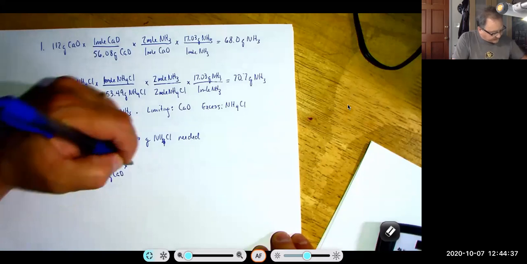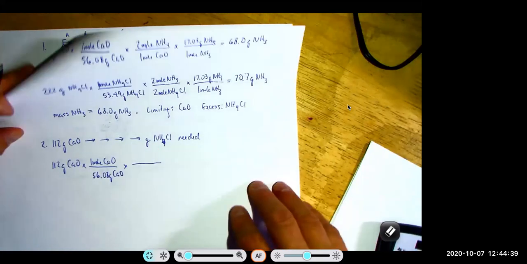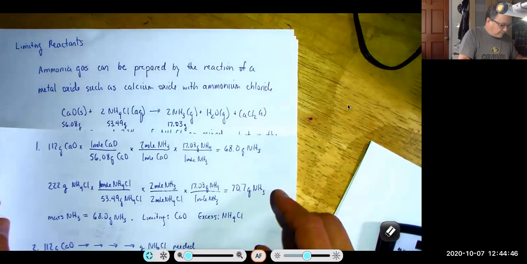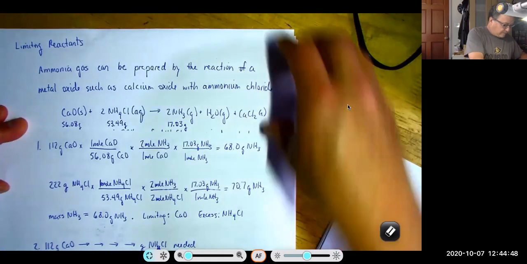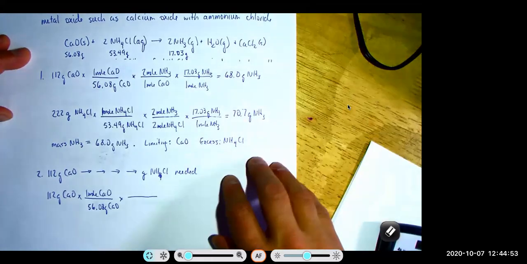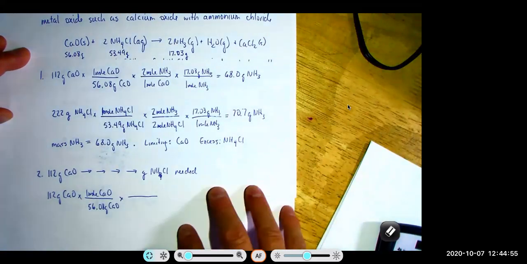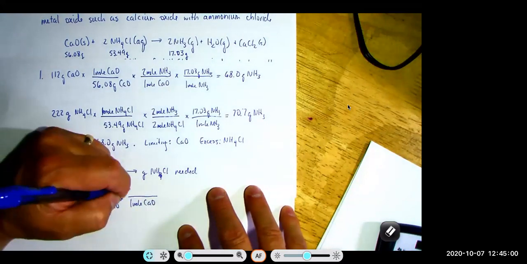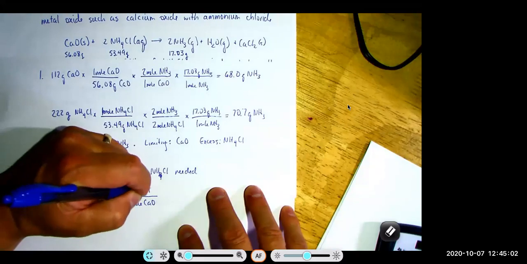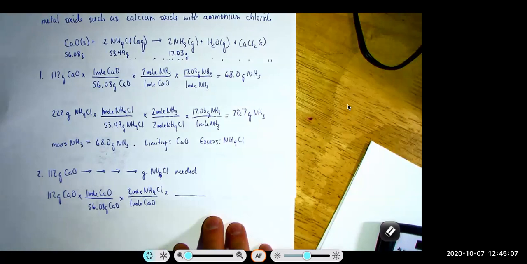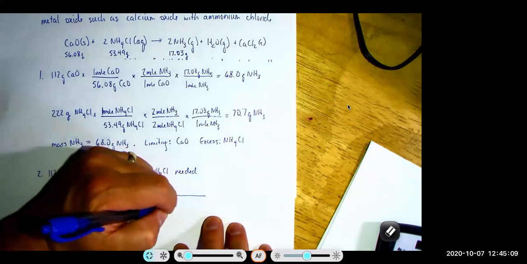Here I'd better show you the balanced reaction. Then you have 1 mole of calcium oxide on the bottom and 2 moles of ammonium chloride on top. And then you'd have 1 mole of ammonium chloride on the bottom and the molar mass on top.